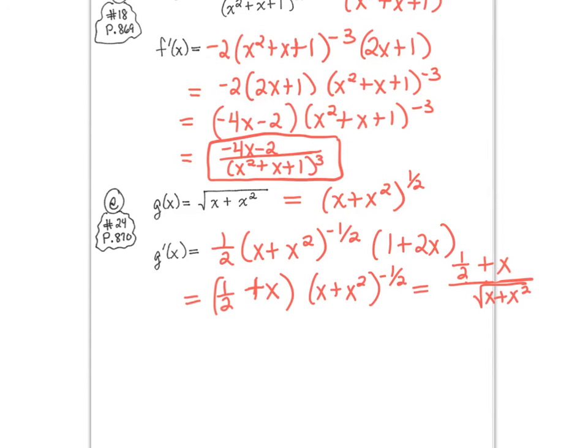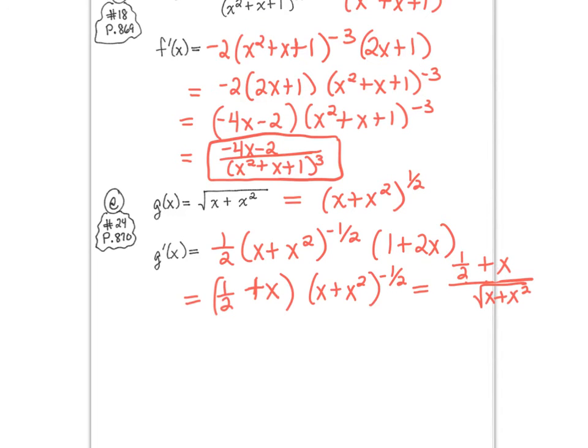That's one part. Alternatively, if you did not distribute, this answer would be acceptable, okay? But if you wanted to rewrite it the way you were trying to initially, then what you should do is not multiply the 1/2 times the 1 plus 2x.